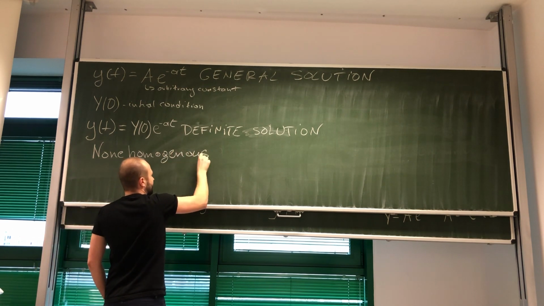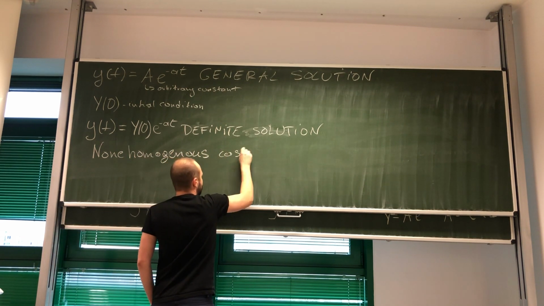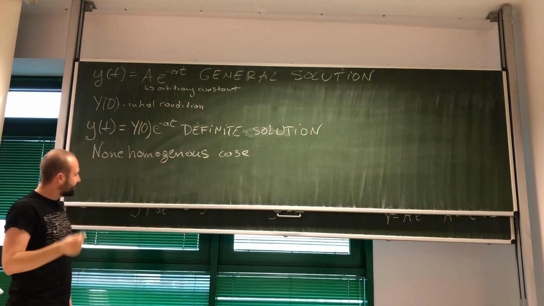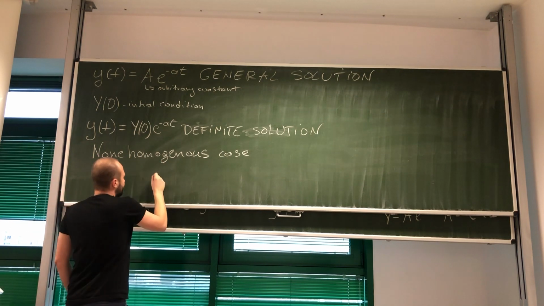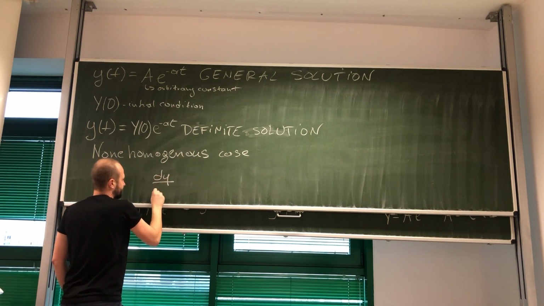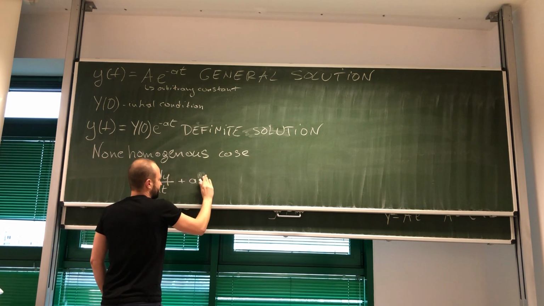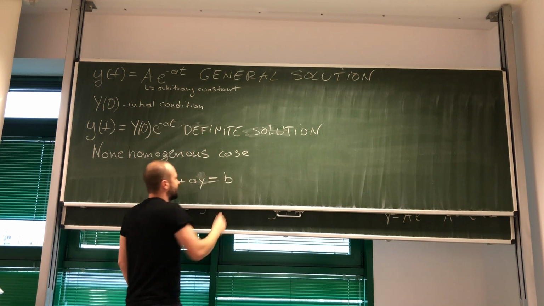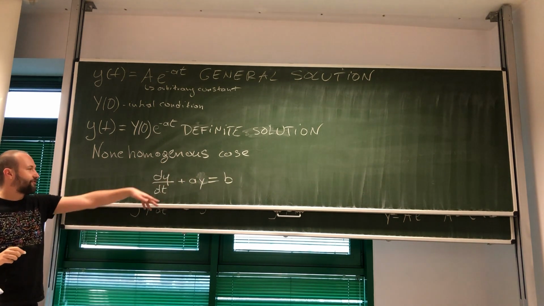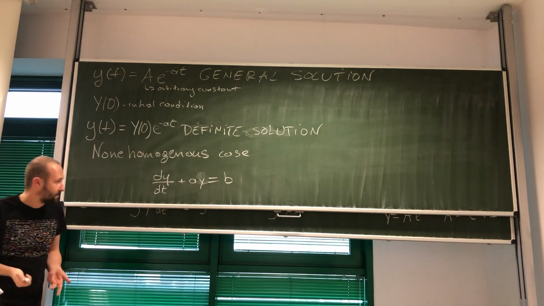Non-homogeneous case. The non-homogeneous case is the case where b is different than 0.